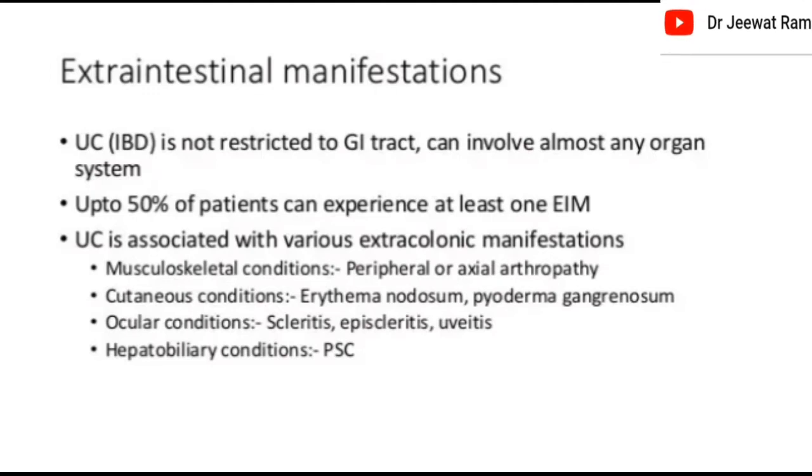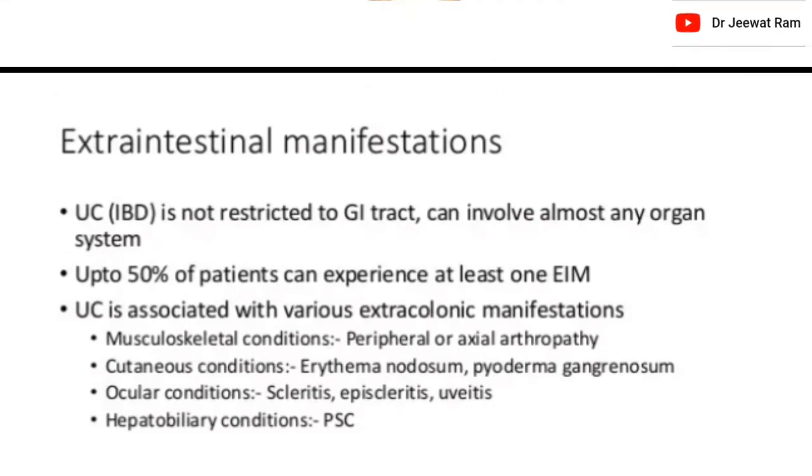Ulcerative colitis is associated with various extracolonic manifestations: musculoskeletal conditions, peripheral or axial arthropathy; cutaneous conditions, erythema nodosum, pyoderma gangrenosum; ocular conditions, scleritis, episcleritis, uveitis; and hepatobiliary conditions, PSC.